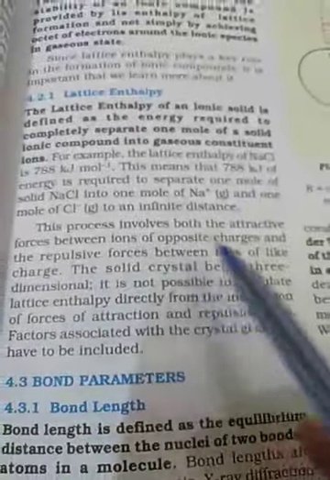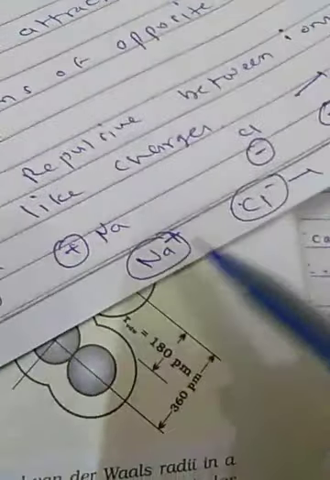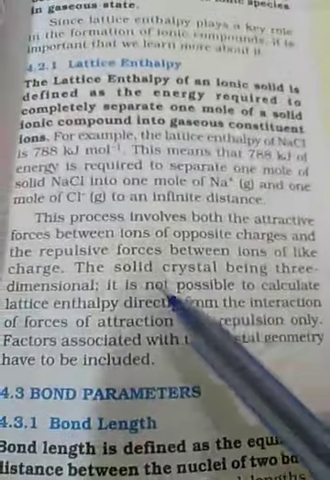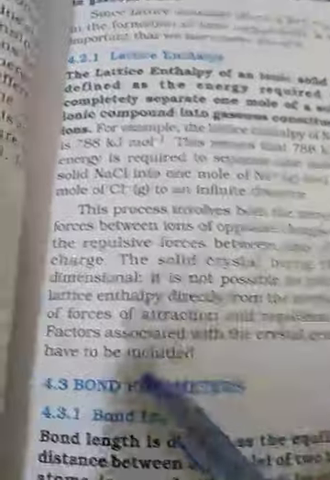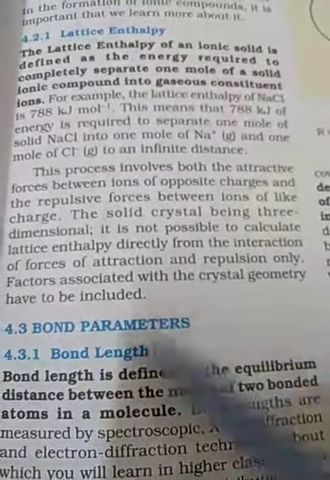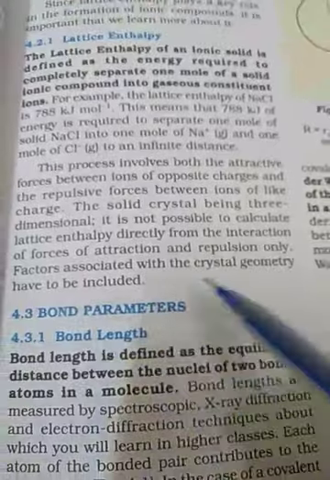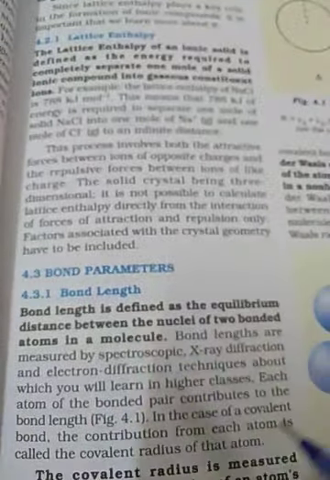Now this process involves both the attractive forces between ions of opposite charges, I showed you, and repulsive forces between like ions. The solid crystal being three-dimensional, it is not possible to calculate lattice enthalpy directly from the interaction of forces of attraction and repulsion only; other factors depending on the crystal geometry also have to be included.